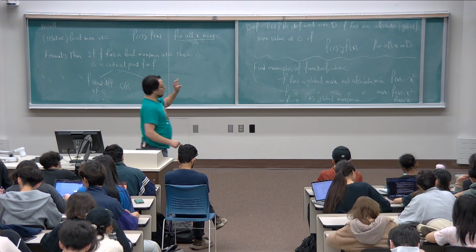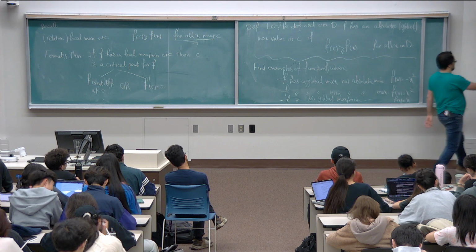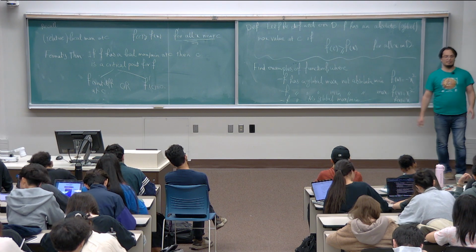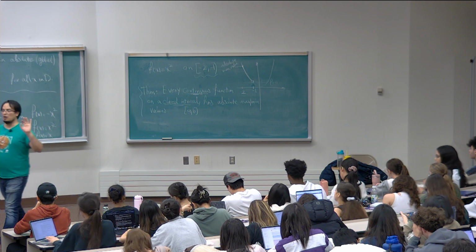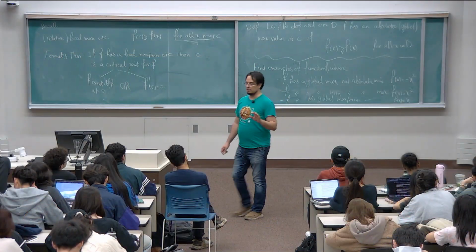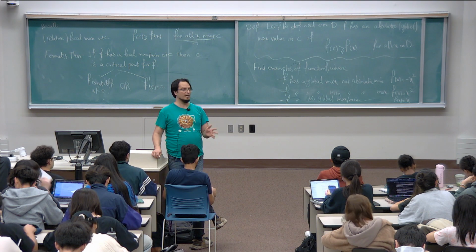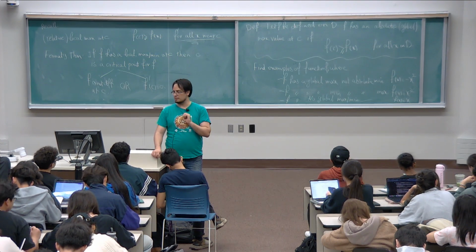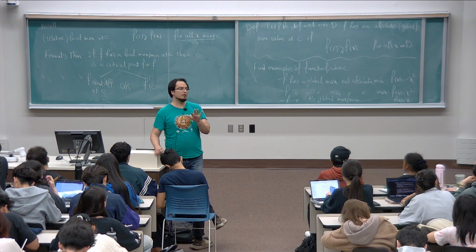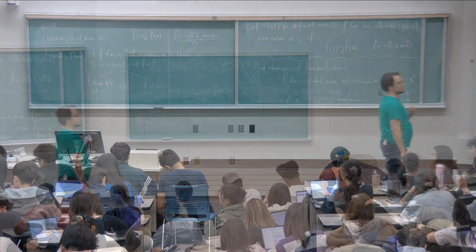We will take this as given: the functions with those two properties will have an absolute max and min. Now we want to learn how to find them. That's the next thing we will do, and then we will do some examples. Any questions, any comments before we move on?